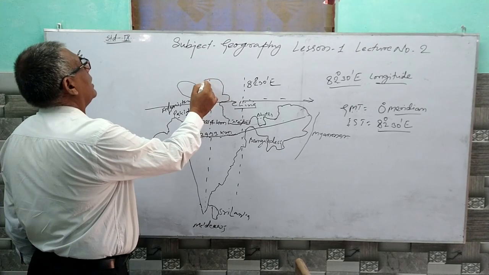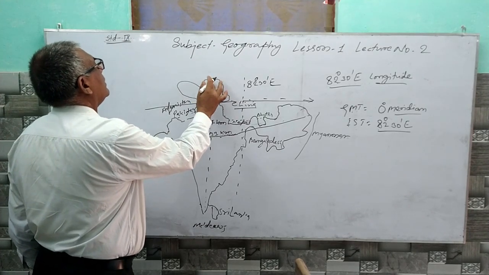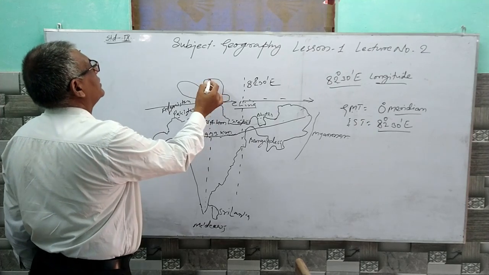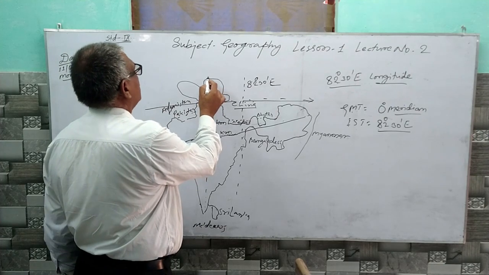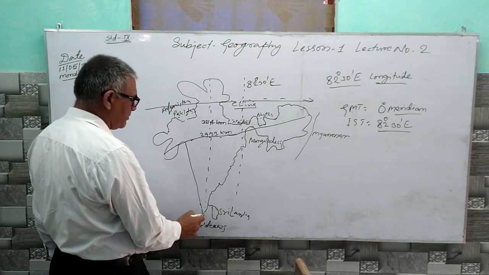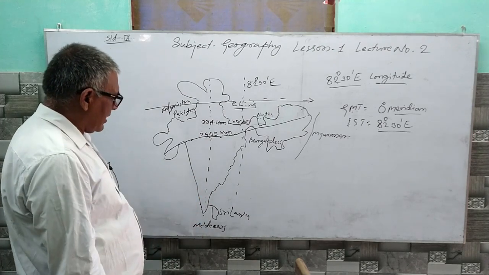Now you will watch here India's northern place in the north is Kashmir and the southern tip is Kanyakumari. This is the mainland of India.